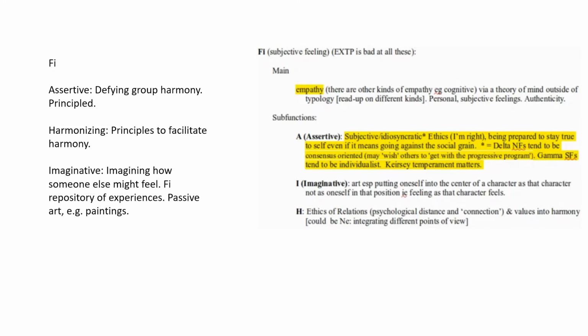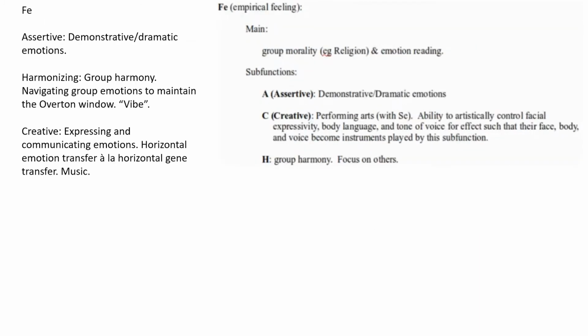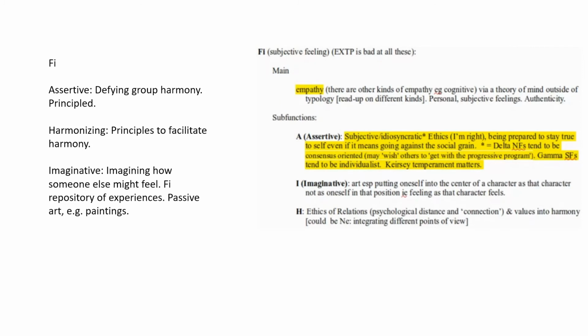Yeah, so what I was thinking was, FI, in the same way that TI wants to create a system that, what did I say, wants to integrate theories and perspectives, harmonizing FI would want to generate ethical principles that overall facilitate group harmony.